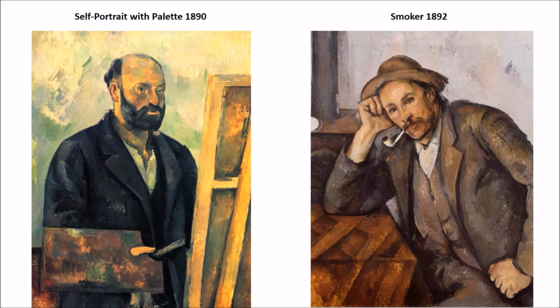Here we have a self-portrait from 1890 and a portrait just of a person, if you will, from 1892. Towards the end of this period of his painting, he starts to paint peasants, or at least the idea of peasants within his studio. Looking at the self-portrait, looking at the flatness of the palette in connection to the plane of the canvas surface.